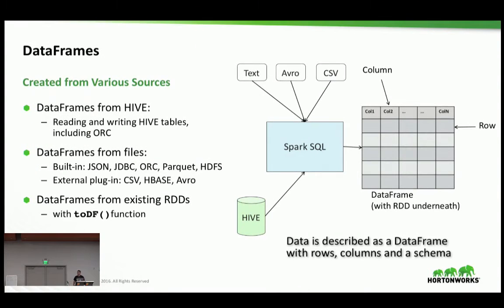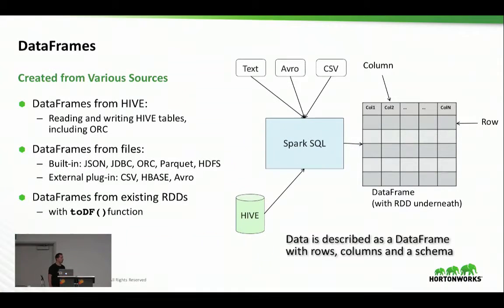So DataFrames can be created from a variety of sources. You could be reading and writing from Hive tables using Hive context, which we'll cover briefly. You could be reading from JSON, JDBC, ORC, or Parquet files, and of course HDFS. There are external plugins. Spark has an external page where it lists all external packages. For example, if you need a package that reads CSV files, that package is available to you as well.